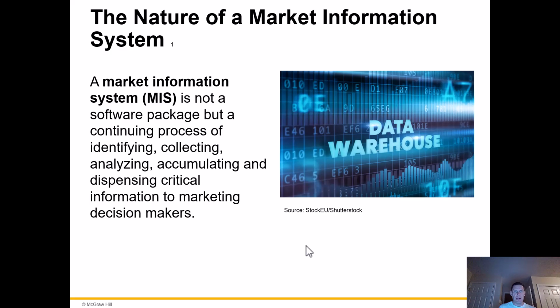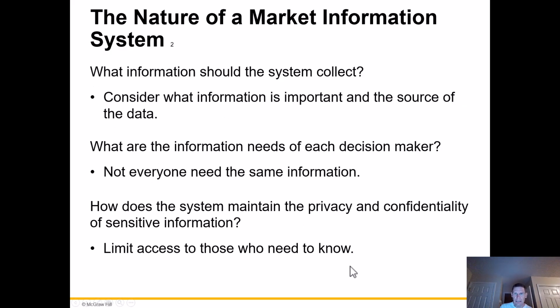Now, an MIS, a market information system, is not a software package, but a continuing process of identifying, collecting, analyzing, accumulating, and dispensing critical information to marketing decision makers. With respect to the MIS, what information should the system collect? Well, we've got to consider what information is important and the source of the data.